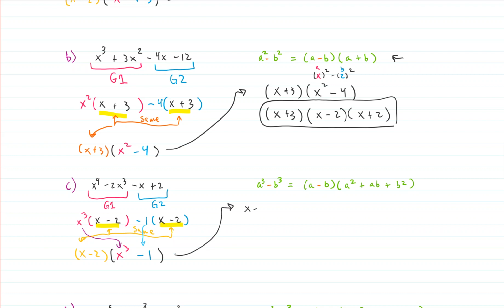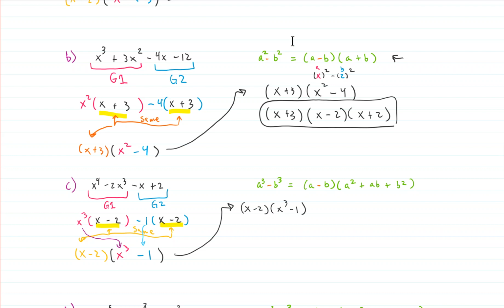So let me just rewrite it. x minus 2 quantity times quantity x cubed minus 1. The x minus 2 is fine. We can't do anything with that. But the x cubed minus 1, that looks like the formula directly above it, which is the difference of cubes. We can rewrite this as something cubed minus something else cubed.